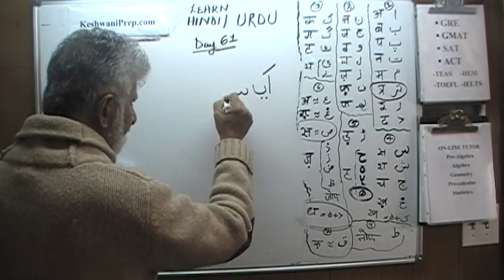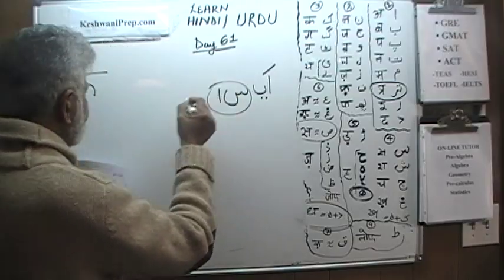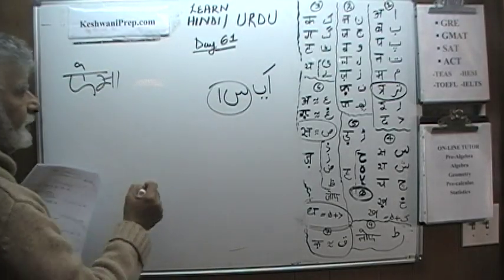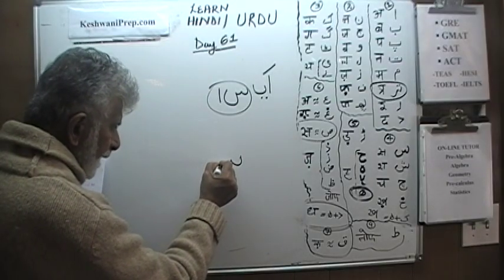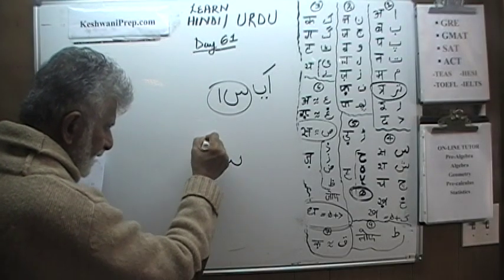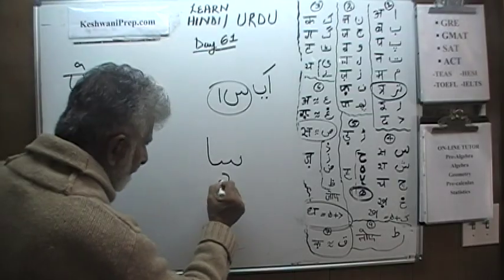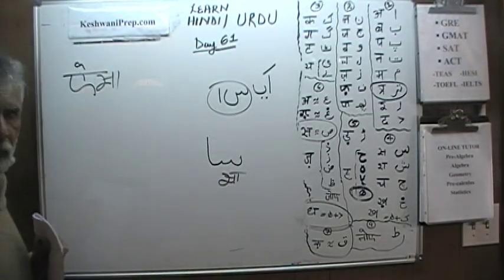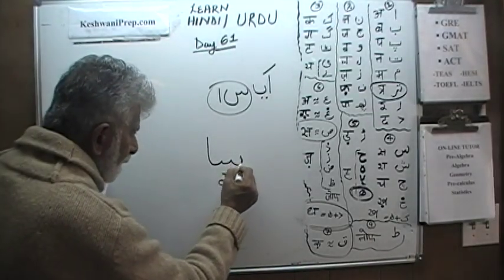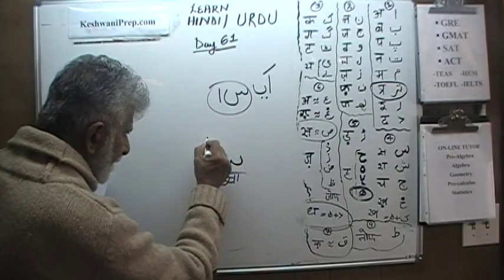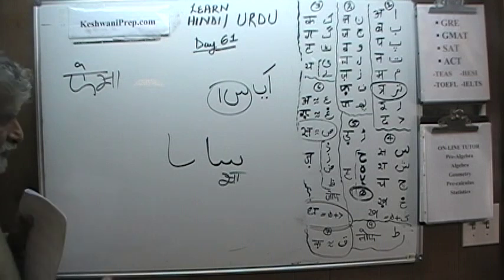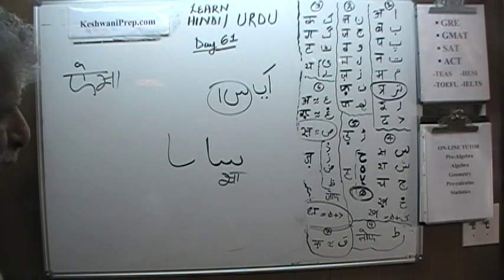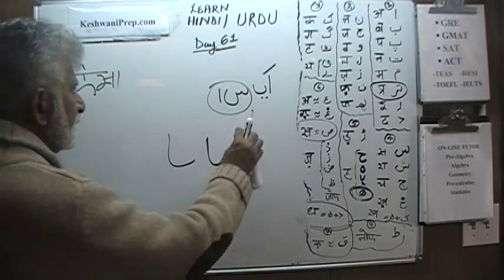This is a sin and then alif, sa. When we join them together, we put two loops for sin, then you have to make one more loop to join the alif. That's what it looks like. That's a sa. If you don't want to make two loops and one more loop to join the alif, if you're too lazy, then you just go like that. And that's also sa. People will know right away. One long loop is a sa.